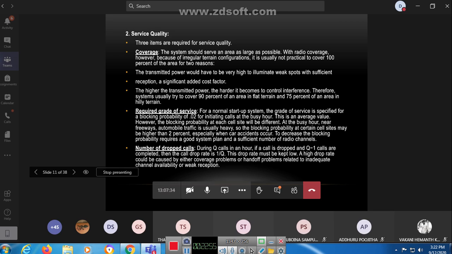The average calls, you can consider the basic required system in the mobile communication system: the coverage area and the transmitting calls and receiving calls. Transmission and receiving calls mean incoming calls and outgoing calls. So we consider the service quality, where some people have dropped calls, the number of dropped calls.